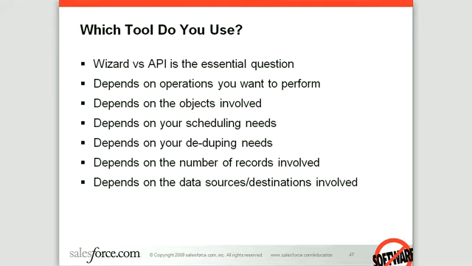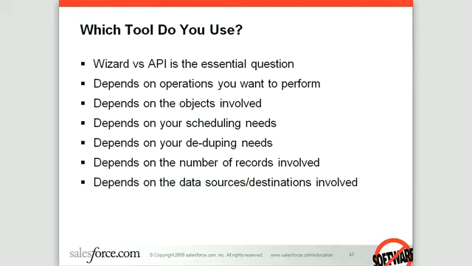Deciding which tool to use. You have a choice of using the import wizards or the web services API-based tools. It depends on what type of operations you want to perform, like upsert with relationships. It depends on the objects involved: the web services API-based tools support more standard objects, and both support all custom objects.